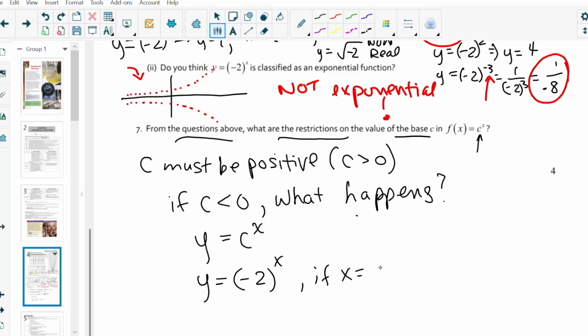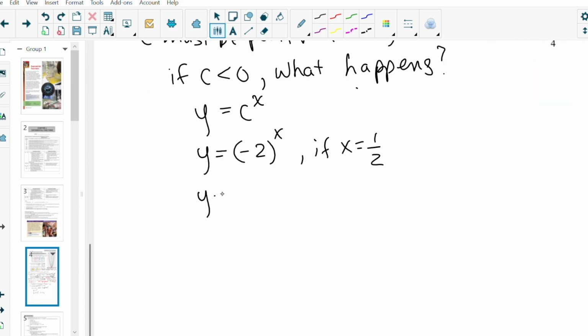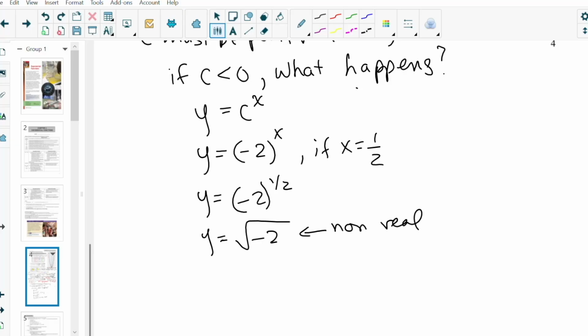If x is a rational number, so if x equals 1/2, then here's the problem I run into. Well, that is a square root, and this is a non-real number. Okay, so not exponential.